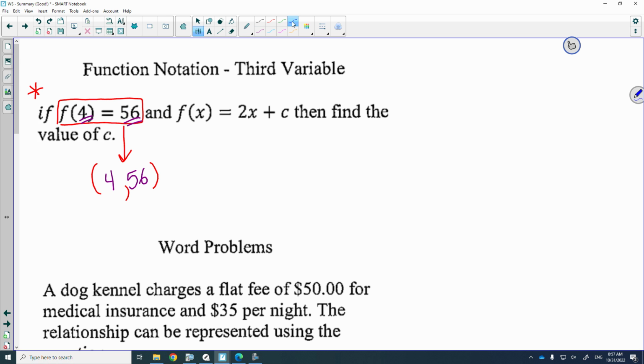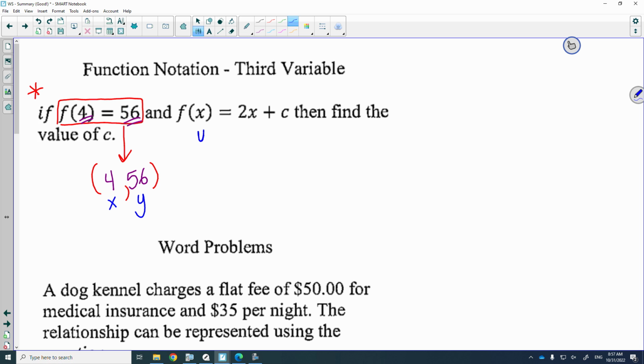So every time we're given a point, they've essentially given us an x value and a y value. Then over here, they give us an equation because they say f of x is equal to 2x plus c. To make it look more like an equation we're used to, let's take out f of x. What variable am I going to put in for f of x? Y, right?